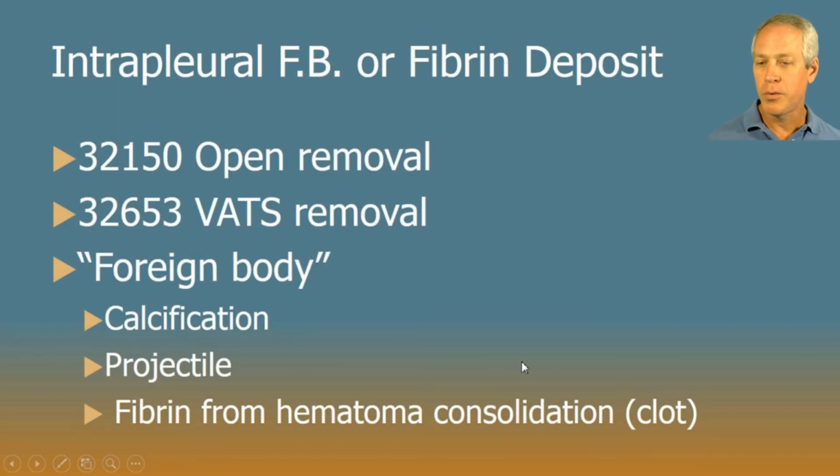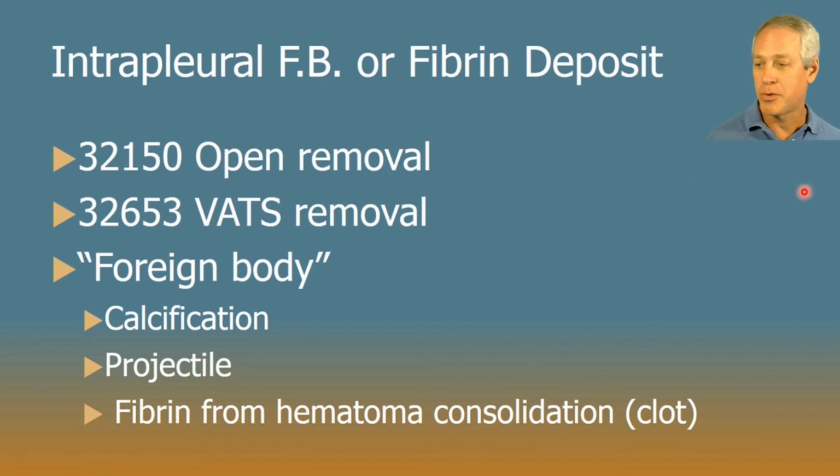Here are the codes for a fibrin deposit that I was cautioning you not to confuse a decortication or a fibrinolysis for a cortical peel. And these are the intrapleural foreign body or fibrin deposit. So a fibrin deposit is a much more discrete, distinct little remnant of a clot from a hemothorax that's much less laborious to remove than a cortical peel.